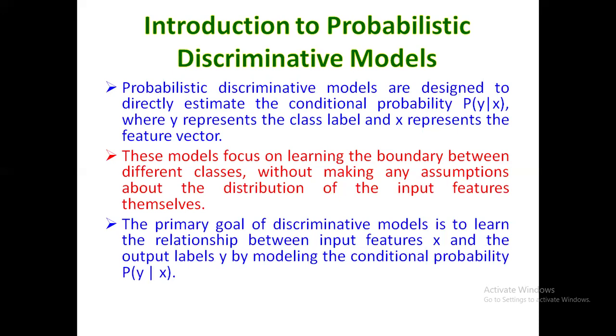These models focus on learning the boundary between different classes without making any assumptions about the distribution of the input features themselves. This makes discriminative models particularly powerful in classification tasks, as they aim to minimize the error in classifying data points based on observed data features rather than modeling the underlying data distribution.